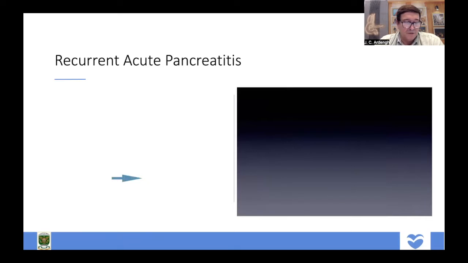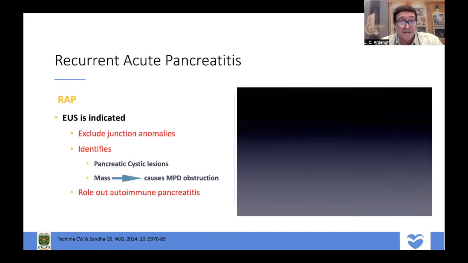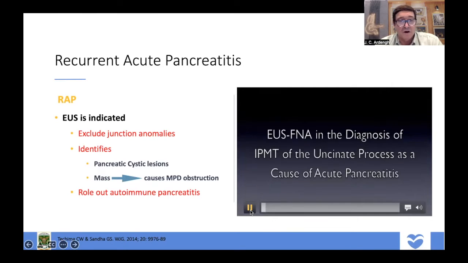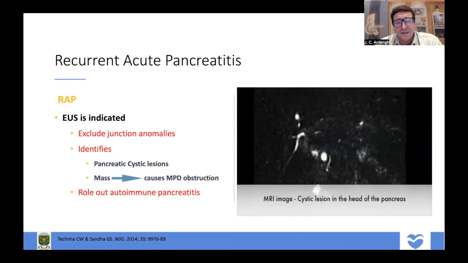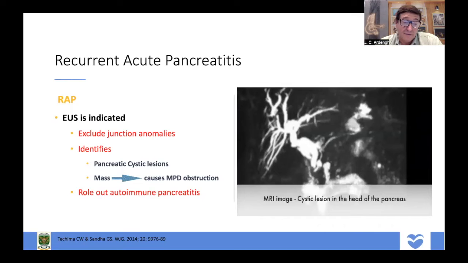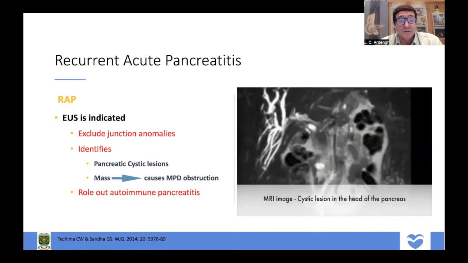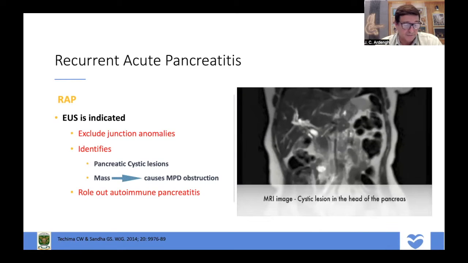In patients with recurrent acute pancreatitis, EUS is indicated because this procedure can exclude biliopancreatic junction anomalies, identify pancreatic cystic lesions as a cause of the acute pancreatitis episode, identify masses causing main pancreatic duct obstruction, and rule out autoimmune pancreatitis.